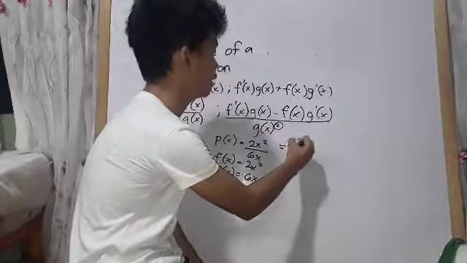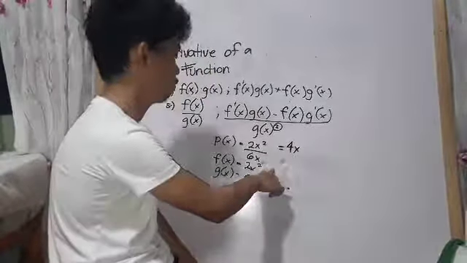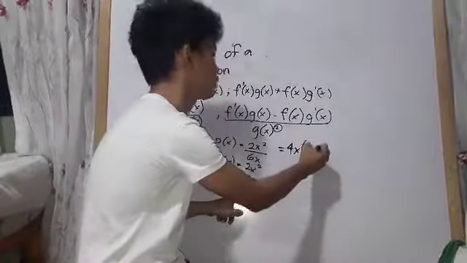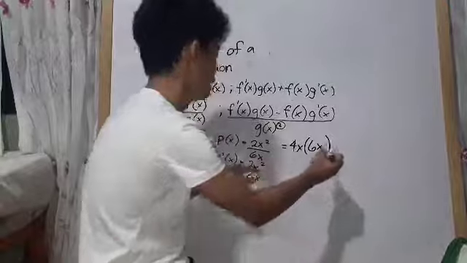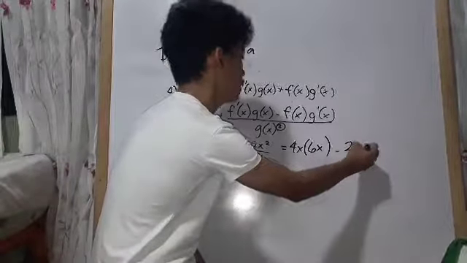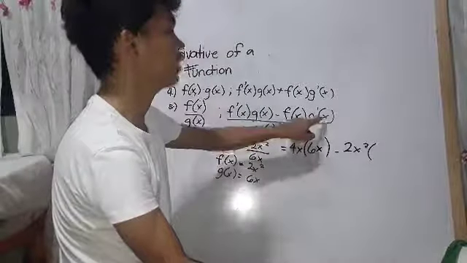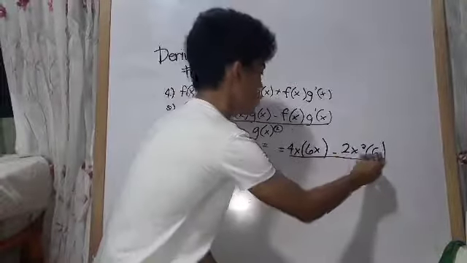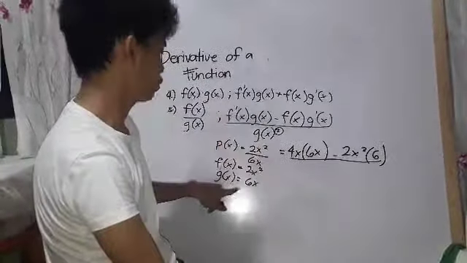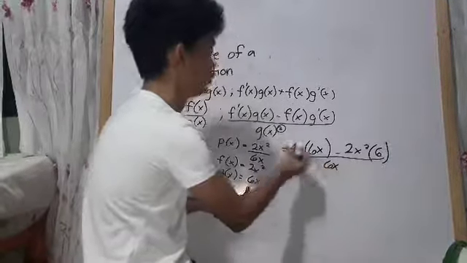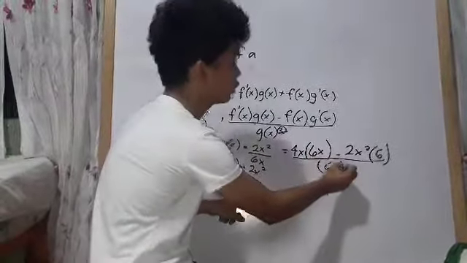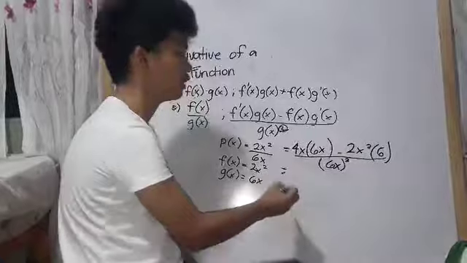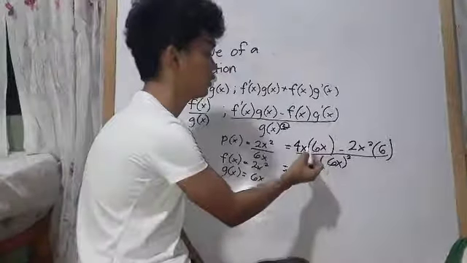Taking the derivative, we get 4x multiplied by g of x, which is 6x, minus f of x, which is 2x squared, times g prime of x, which is 6, all over g of x, which is 6x, and don't forget the exponent too, so we should have this as the exponent.